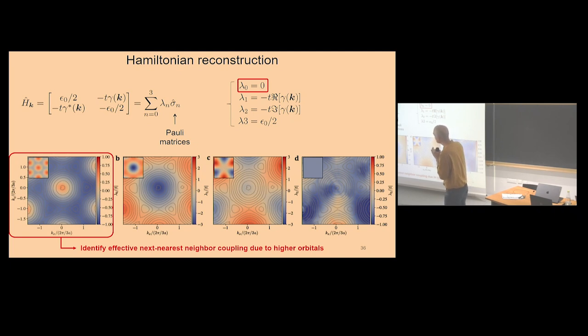And it turns out that we see some non-zero components, and actually we were able to identify that because of some coupling to higher order modes in the Bloch Hamiltonian, we need to introduce another term which corresponds basically to an effective next nearest neighbor coupling. Okay, so basically by reconstructing this Hamiltonian completely, we can fit precisely and we have a knob to really engineer precisely the Hamiltonian of our system.